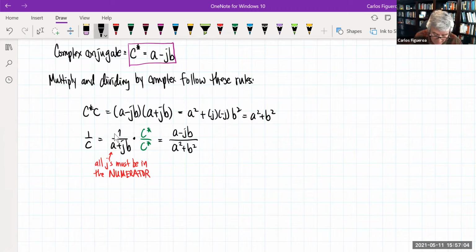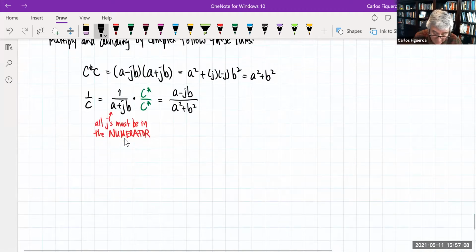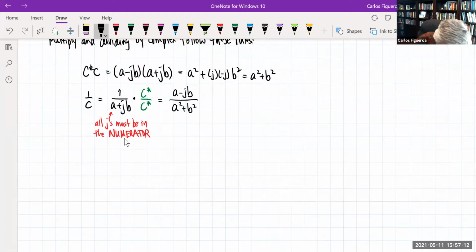Okay, so those are the basics for rectangular. What we want is polar form. This is what we're after.